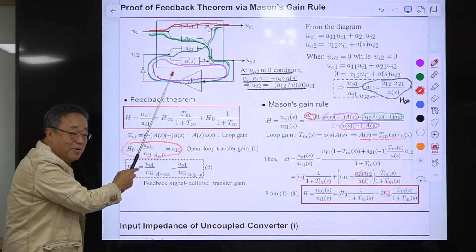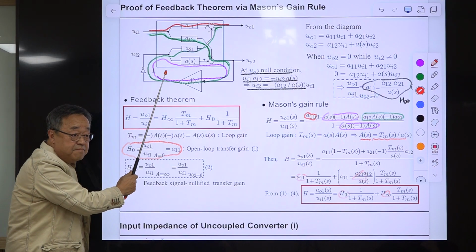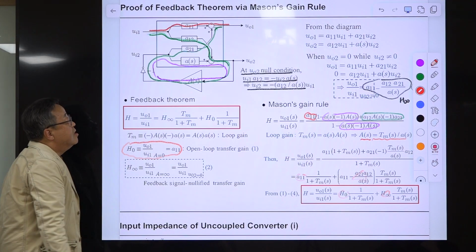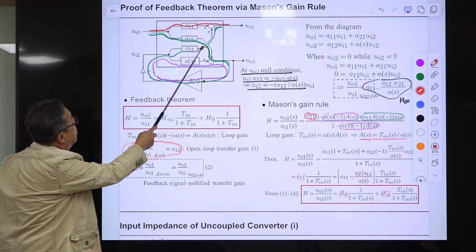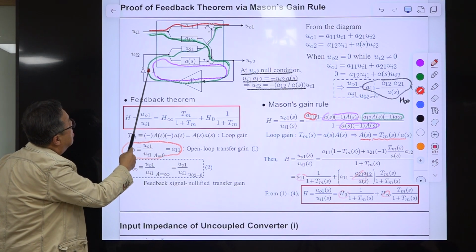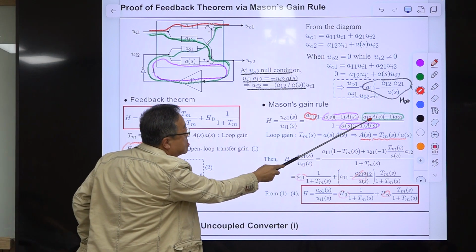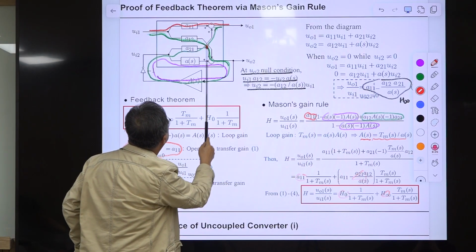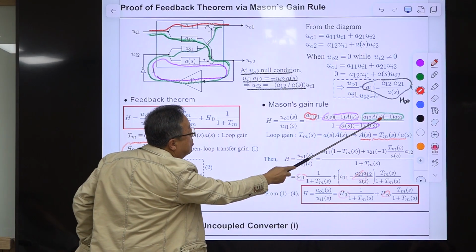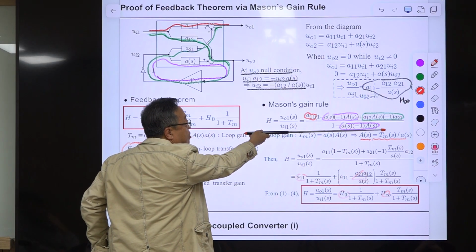You remember Mason's gain, right? That is what Mason's gain says. And another forward path is here. Another path is this one, A12, AS, A21 with a negative sign here. So this is the equation of Mason's gain rule.